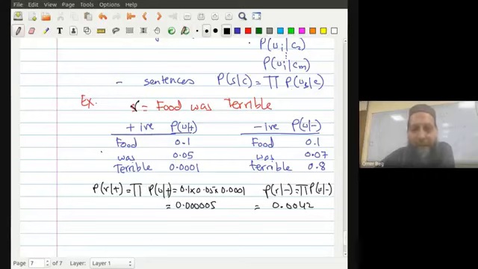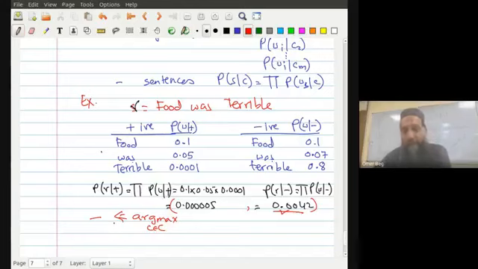I'm not doing the exact calculation, but it turns out that when you are taking argmax over these two values, you'll figure this is higher, and the argmax is over the classes, so that would give the negative class as a result. Okay?